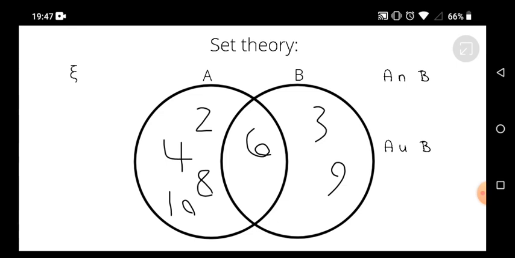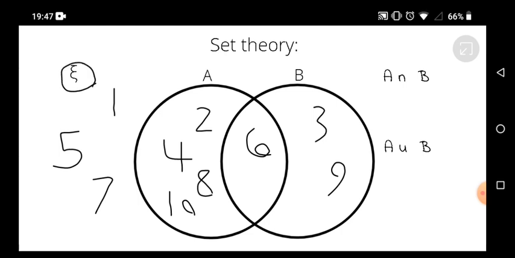But there's still some numbers we haven't included, such as 1, 5 and 7. They don't fall in either A or B, but they're still part of our set. So I'll just show you this little symbol here, I'll just circle that.